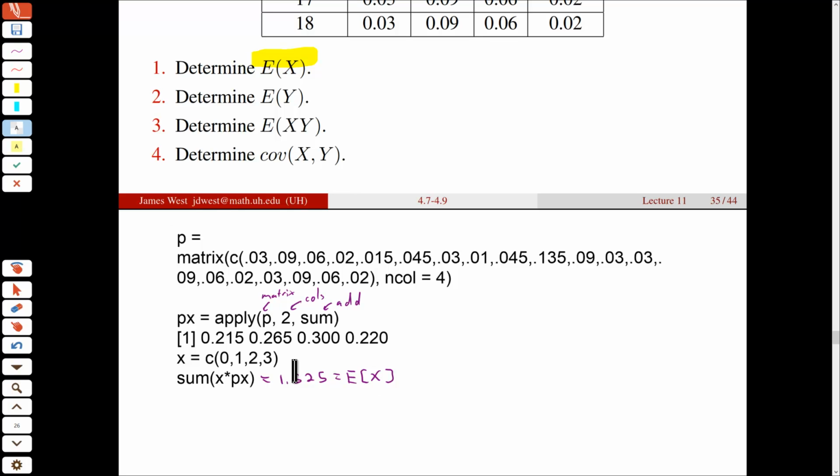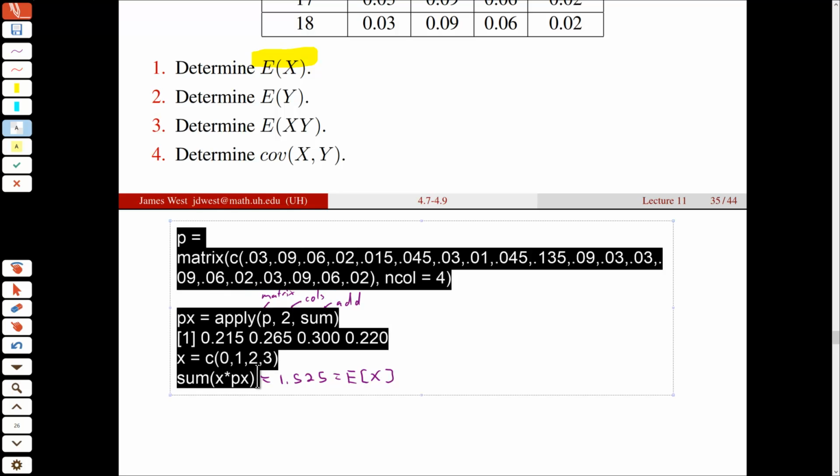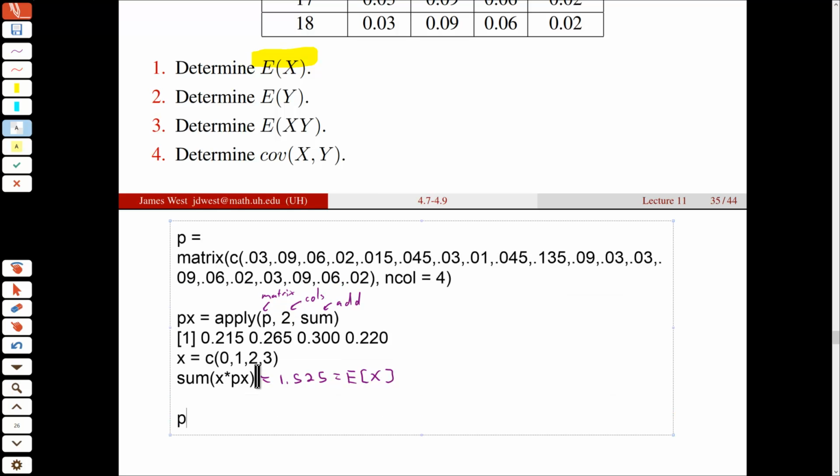Now I'll do the same thing for Y. The probabilities for Y, I'll apply to matrix P along the rows, the sum command.